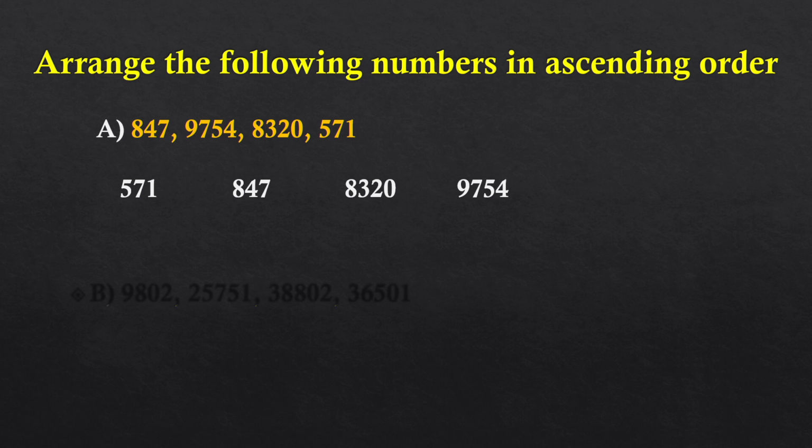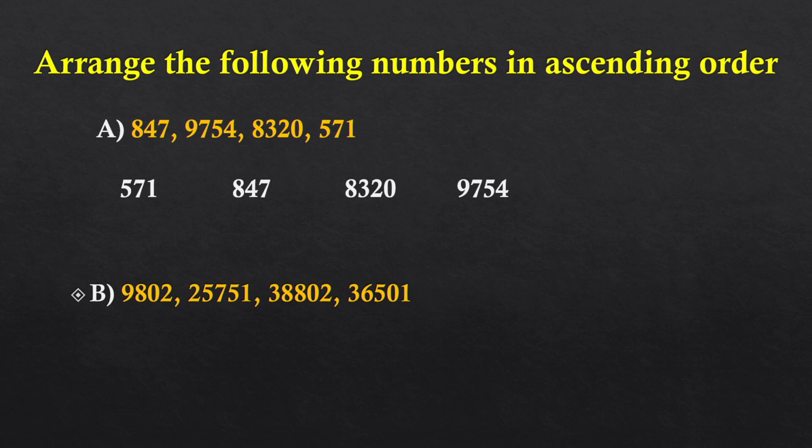We'll take up the next example. Yes, here also I have given 4 set of numbers, but it is little bit larger numbers. Here 9802, 25,751, 38,802 and 36,501. So, you have to arrange it in ascending order, that means from smallest to greatest.